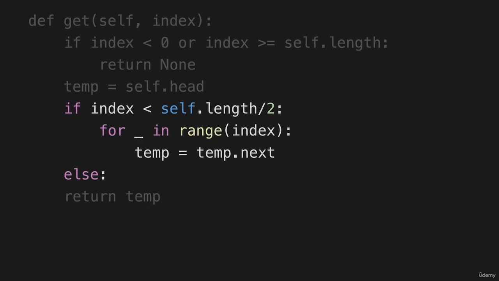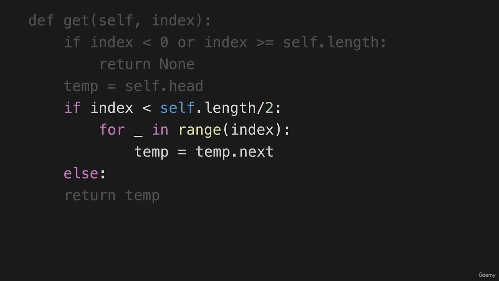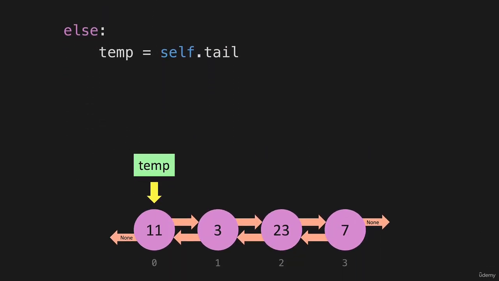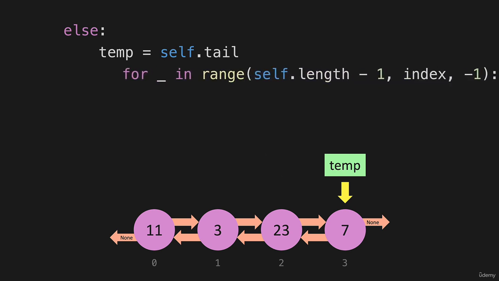And let's shrink this down a little bit here so we have more room. And the first thing we need to do here is set temp equal to the tail. In other words, temp was here, but in this situation, we need to start here and move backwards through our doubly linked list. Then we need to create a for loop that's going to start at this point and go backwards. And we do that like this.